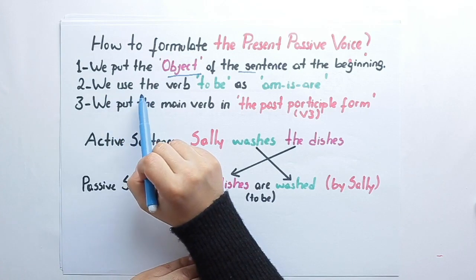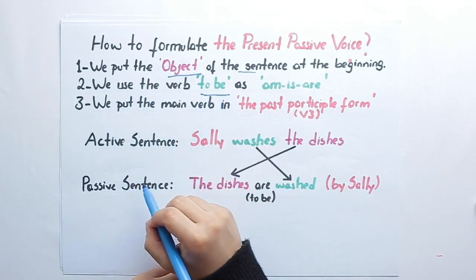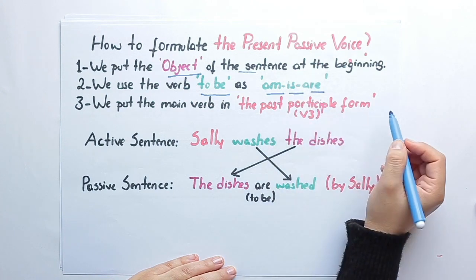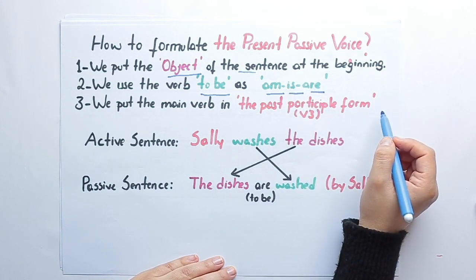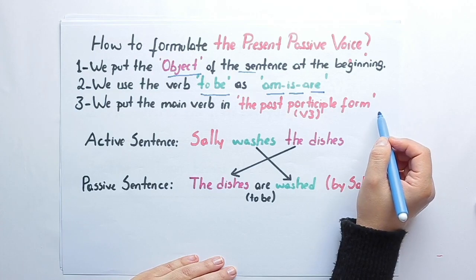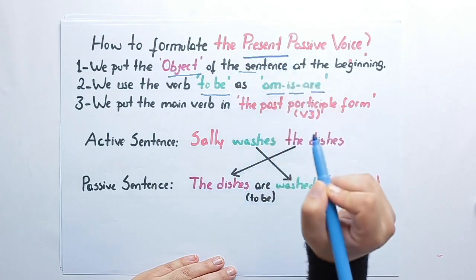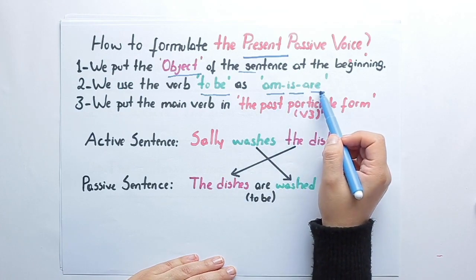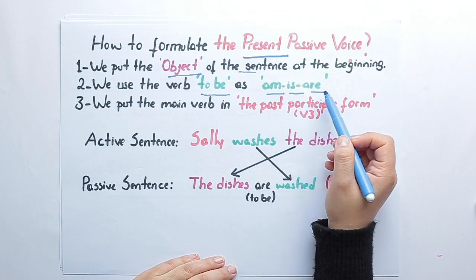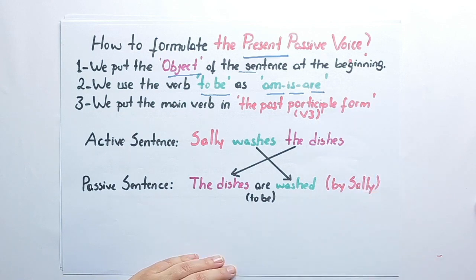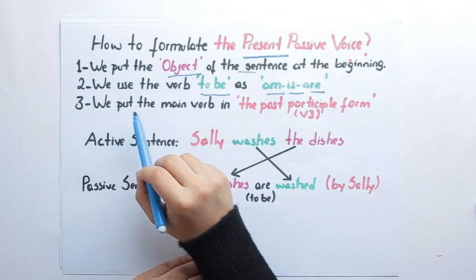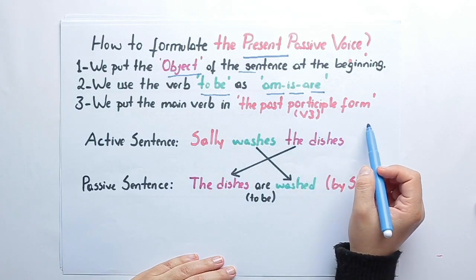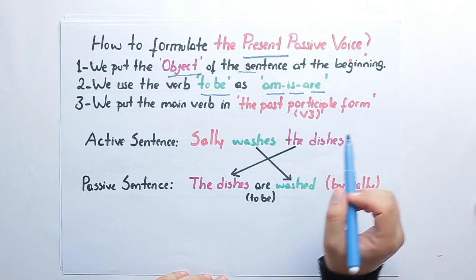Then we use the verb to be as am, is, are, because we have three forms of the verb to be in present, and they are am, is, and are, which change according to the subjects, of course. We put the main verb in the past participle form at the end.